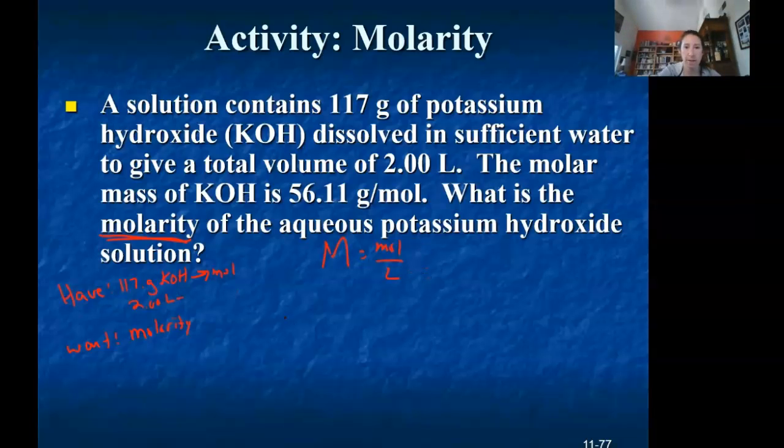So if we have 117 grams of KOH, and they gave us the molar mass, yay, 56.11 grams of KOH per 1 mole of KOH, that is 2.09 moles of KOH.